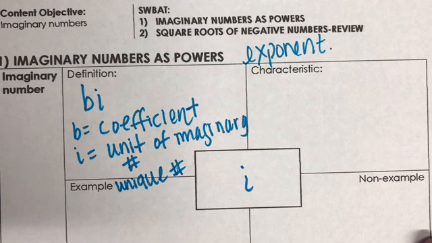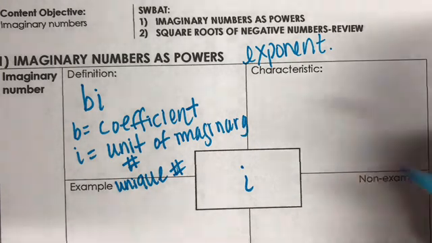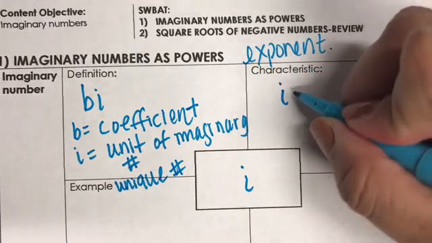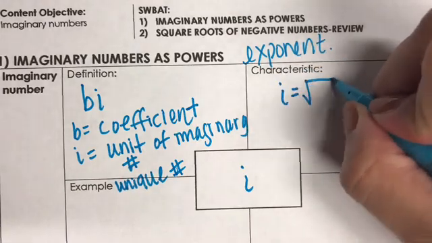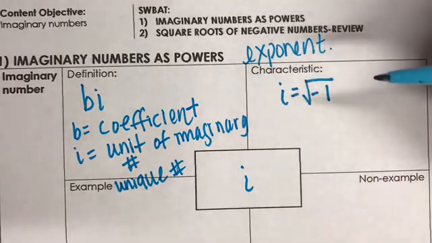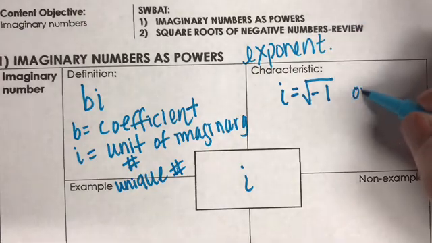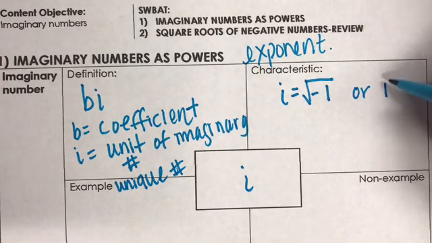Characteristics of i: we know for sure that i is equivalent to the square root of negative 1. Or you can also say that i squared is equivalent to negative 1.